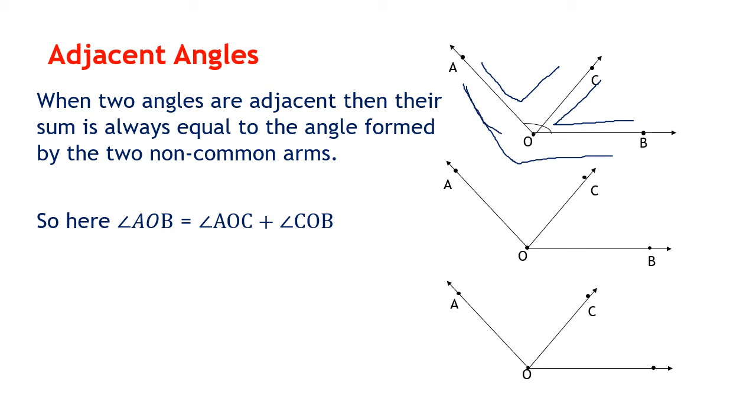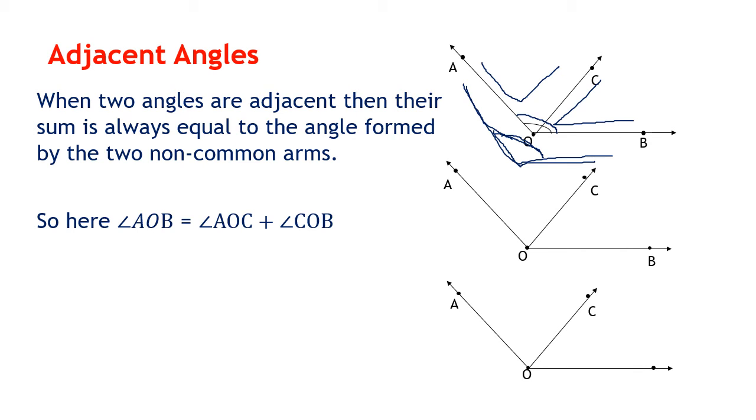The measure of angle AOB is the sum of AOC and COB. When you add them both, you get angle AOB. So when two angles are adjacent, then their sum is always equal to the angle formed by the two non-common arms.